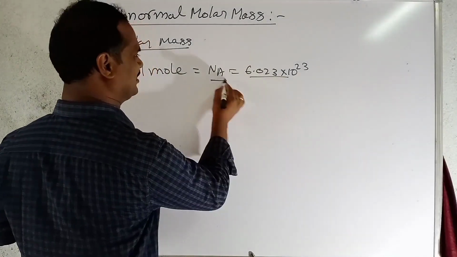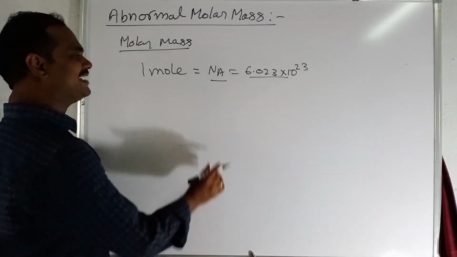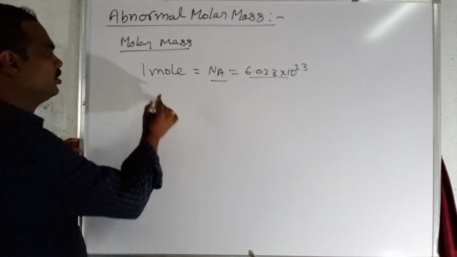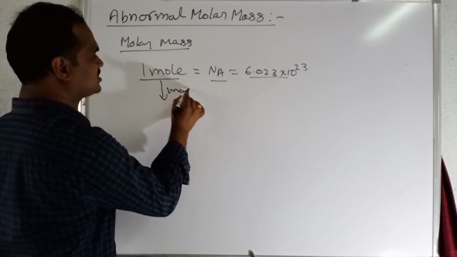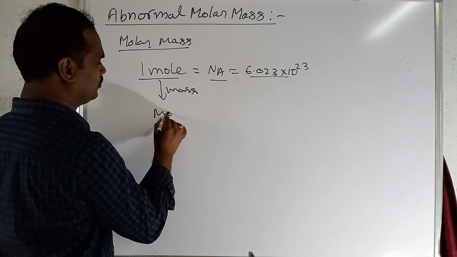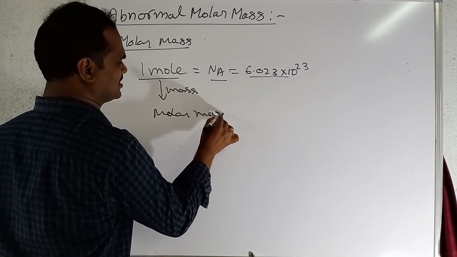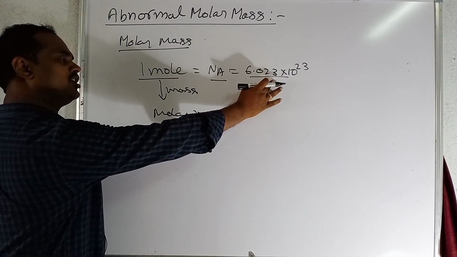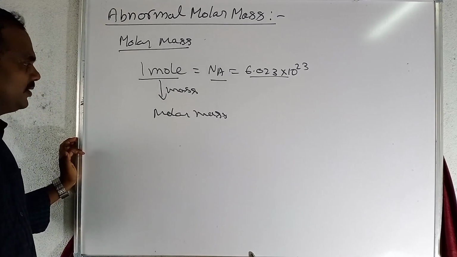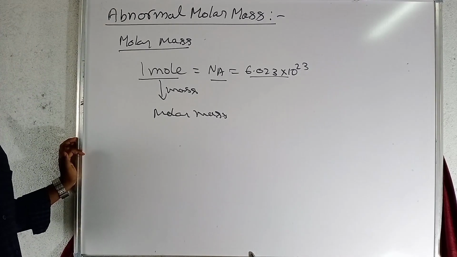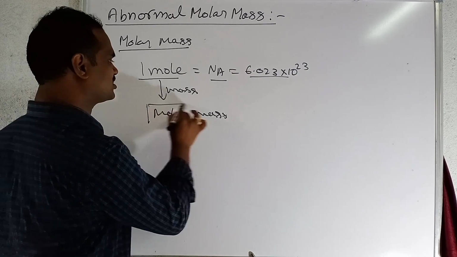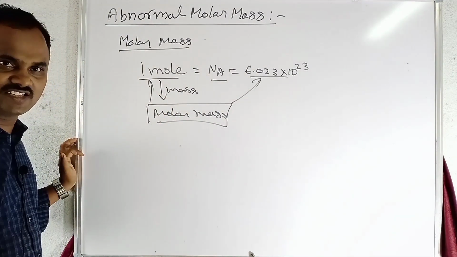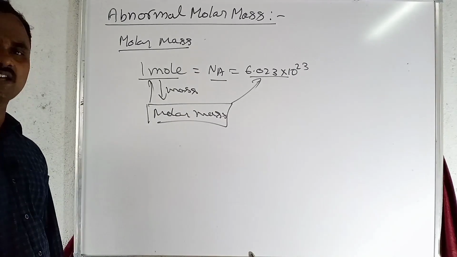This number of particles we call 1 mole of particles. The mass of 1 mole of particles is the molar mass. For any substance, an Avogadro number of molecules is 1 mole, and its mass is the molar mass. Remember, molar mass means the Avogadro number of particles, that is 1 mole. This is the common relation for every substance.